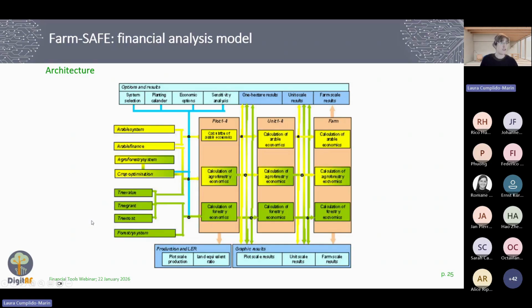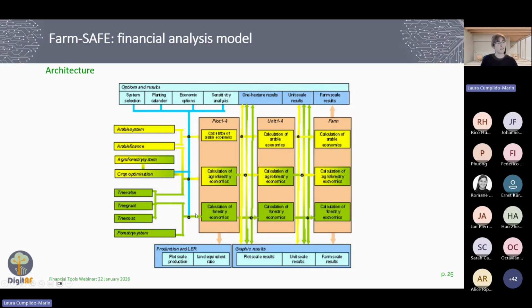The architecture of FarmSafe is composed of different modules, and the graph in the slide is not very clear, apologies for that, but you can see the three different levels that are possible to work, and then you have all your input data on the left-hand side of the slide.